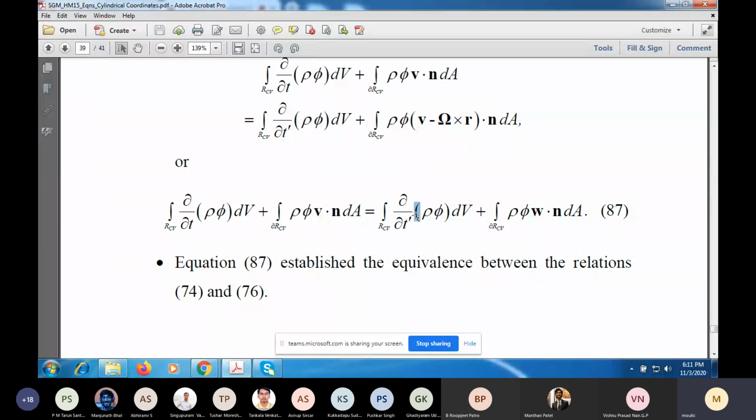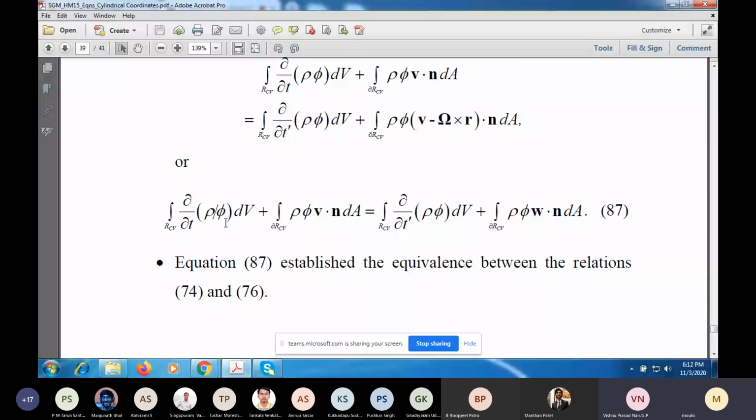Now this term is definitely 0, the first term on the right hand side of equation 87. But it so happens for the control volume that we have chosen, the left hand side first term is also 0. They will give you the same value. And hence, although this del L T of rho phi is not 0 everywhere, the integral is 0.